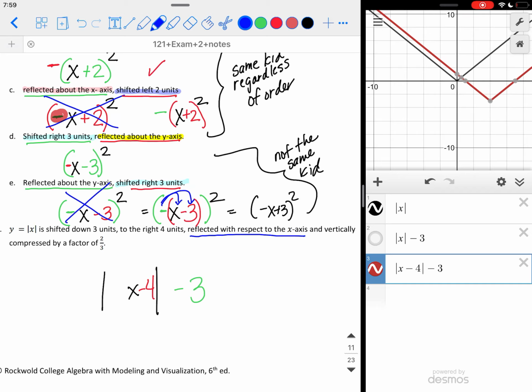So this is our kid in utero. So all of it needs to be flipped. So let's see.